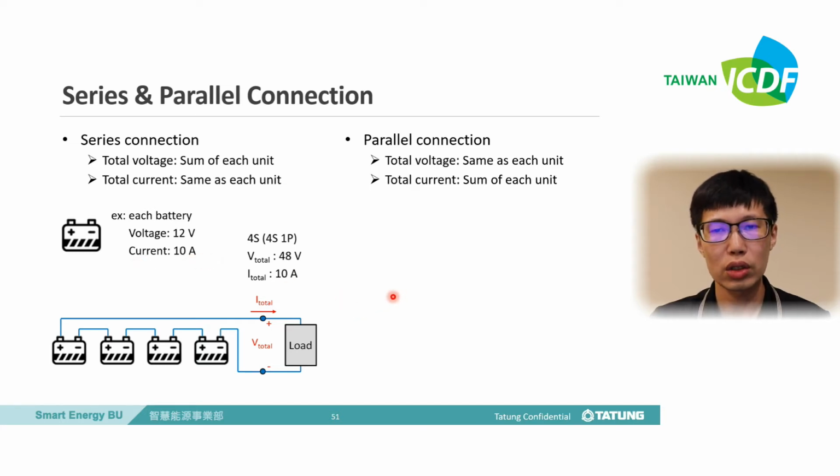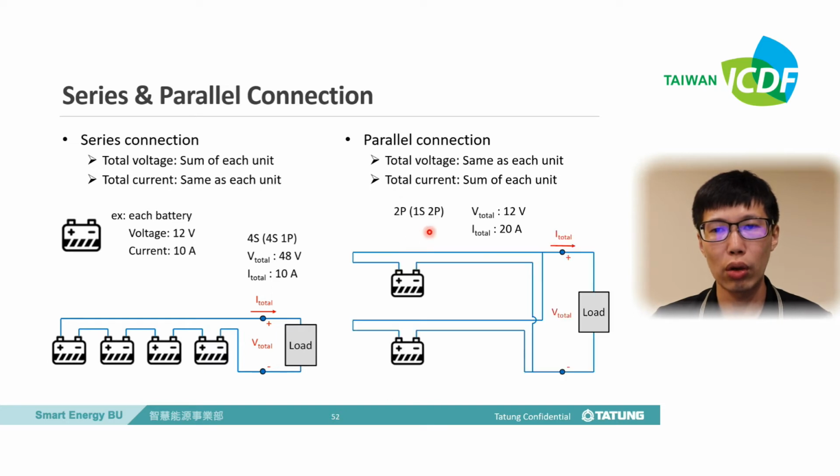And if we consider the case of parallel connection, then just like this case, we connect these 2 batteries in parallel, which means the positive of these 2 batteries are connected together, and the negative of these 2 are connected together and connected to the load.